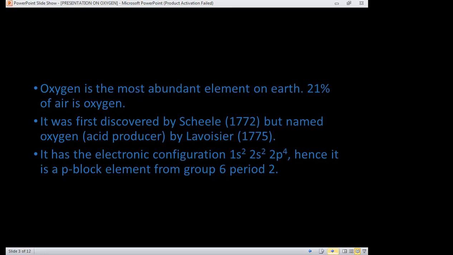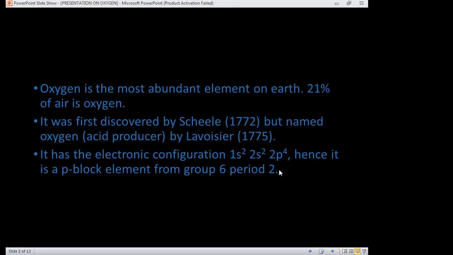That was because it was believed that all acids contain oxygen. However, with time, it was discovered that that statement was not correct, but the name oxygen was still given to it.